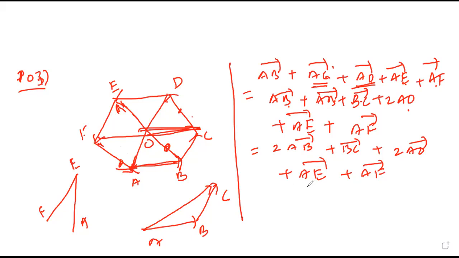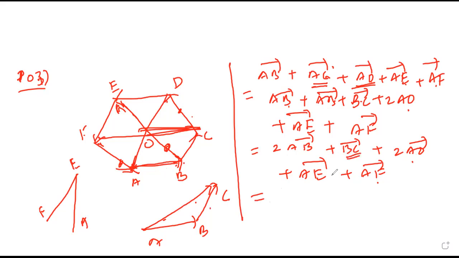Now, vector AE plus AF, then AB, BC. AB plus BC I wrote for AC. Okay, no problem at all. OA. Is BC same as OA? Yes.